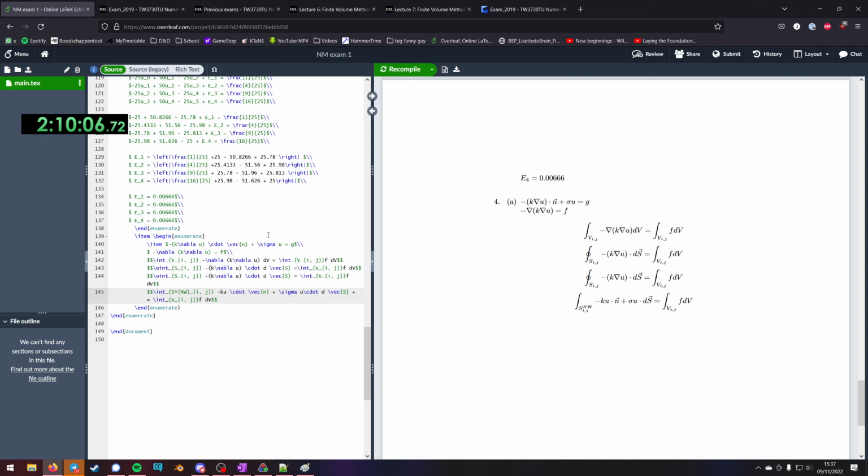Plus. Then that's northwest, then we have the east corner, which is the integral over the east of K nabla U.